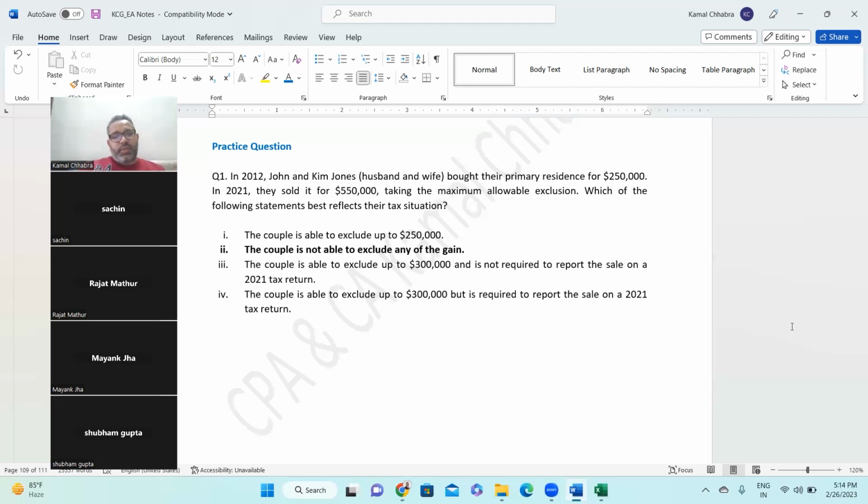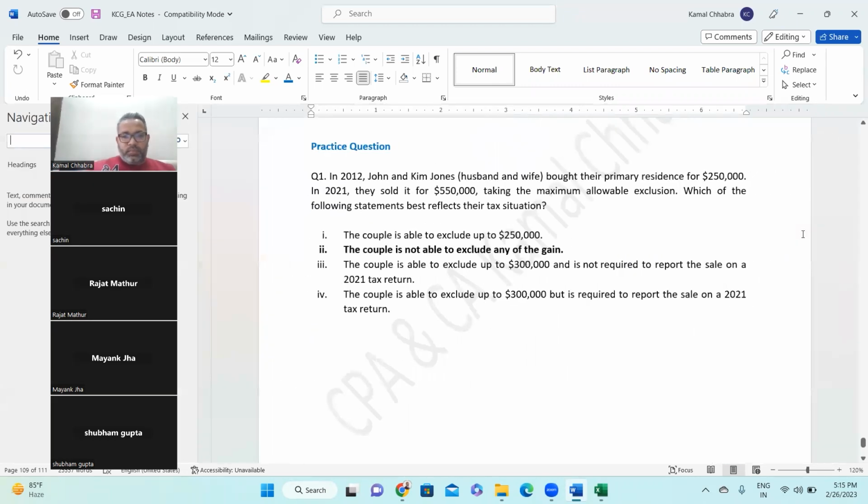First question is whether the couple is allowed to exclude, and this is allowable exclusion. So it's mentioned here that they are living some years out of the 5 years.